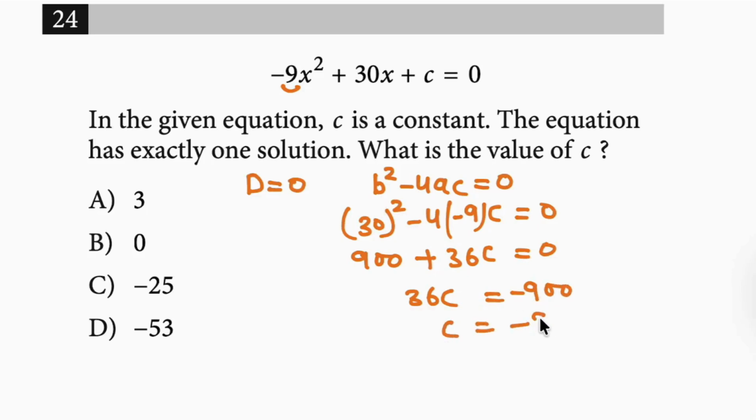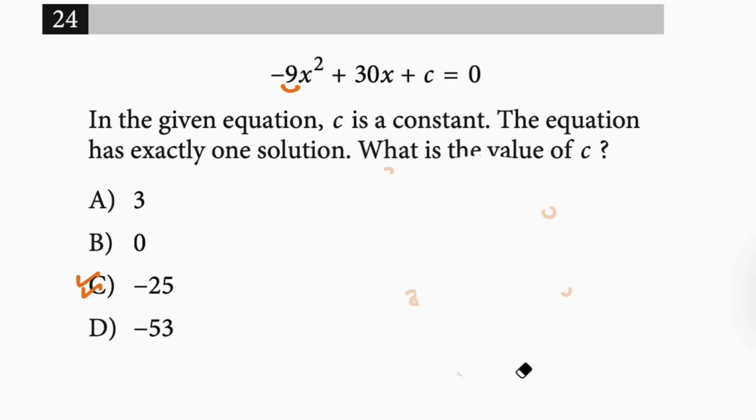So dividing by 36 on both sides, c is equal to negative 25. We have already solved the question. If you just learn the formulas and do it, it's done. But if you want to try to understand why this happens, let's expand it a little bit more. Just pause the video and write the solution, because now I am going to explain the reason.